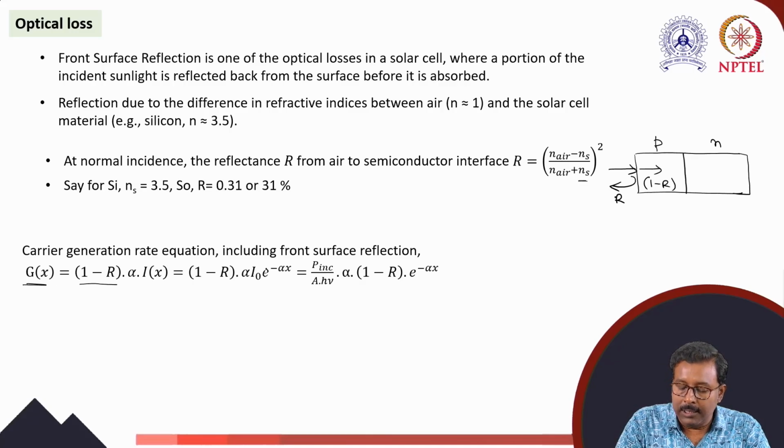Also, the intensity can be replaced by incident optical power P incident divided by area into h nu, where h nu is the energy of a single photon and A is the area where it is illuminated. So this is the final expression for generation rate at a position x, including the front surface reflectivity. From the expression it is clear that due to the presence of R, the front surface reflection, the generation rate will be reduced. So this loss is called front surface reflection loss.